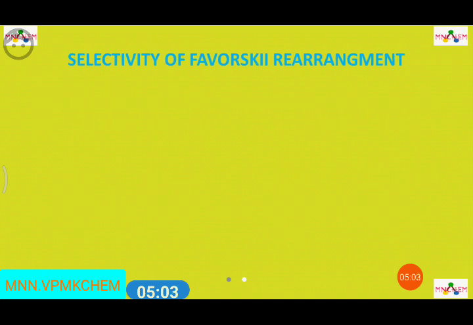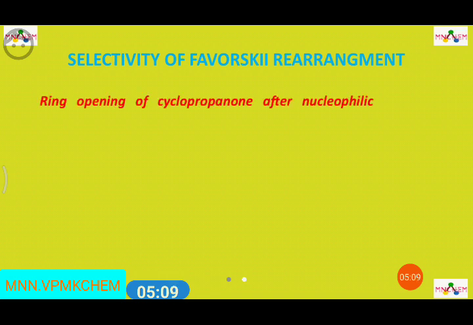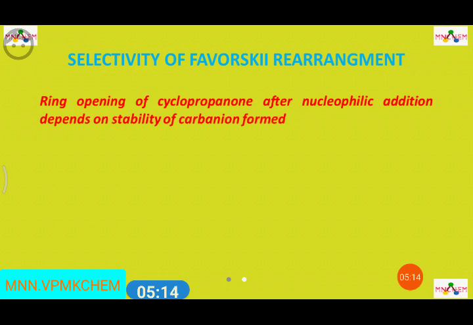Now let's discuss the selectivity of the Favorskii rearrangement. When the ring opening of the cyclopropanone takes place after the nucleophilic addition, the stability of the carbanion directs the product formed in this rearrangement reaction.